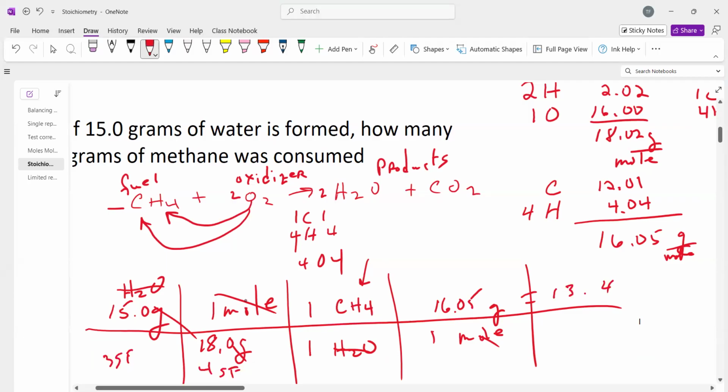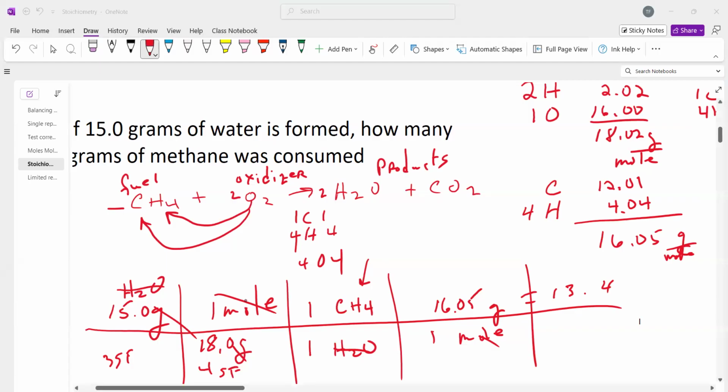Missing the 18.02 is missing that 2. Yeah. The second one, 18.02 grams. Right. What about it? If there's no 2 written down, it looks like 3 sig figs. Is it?